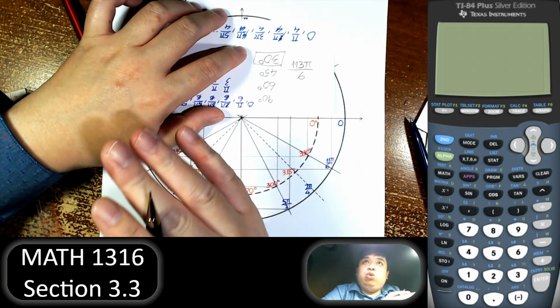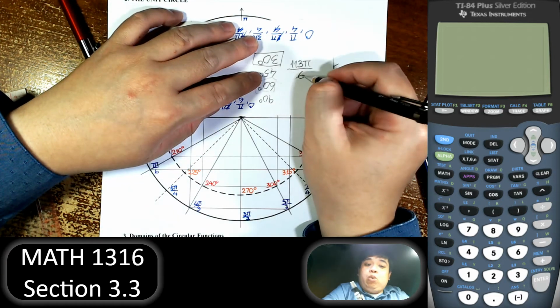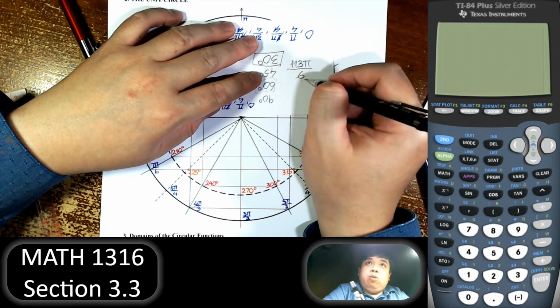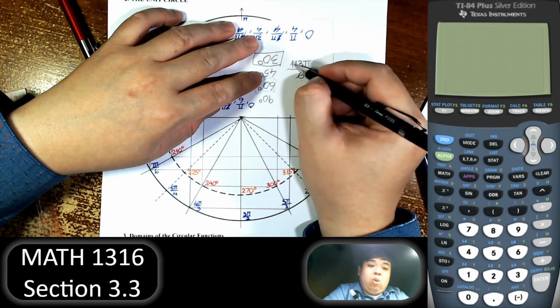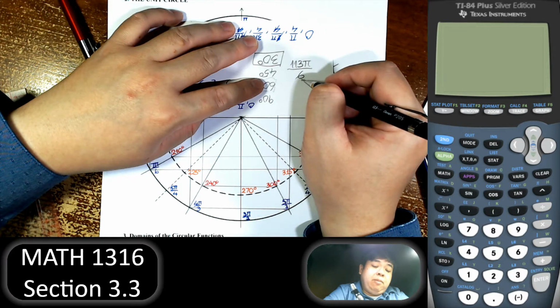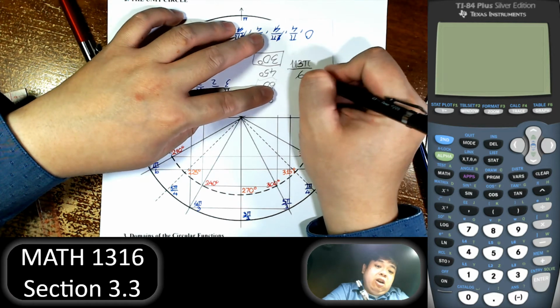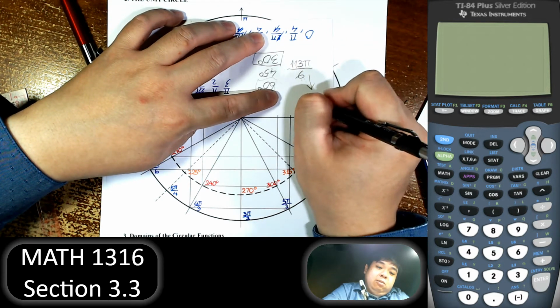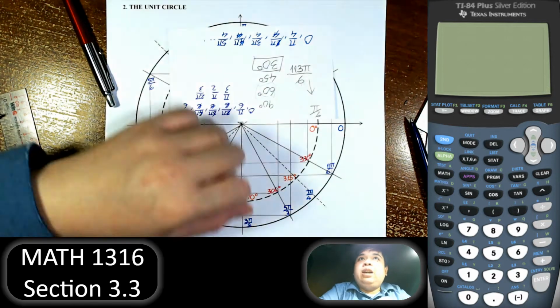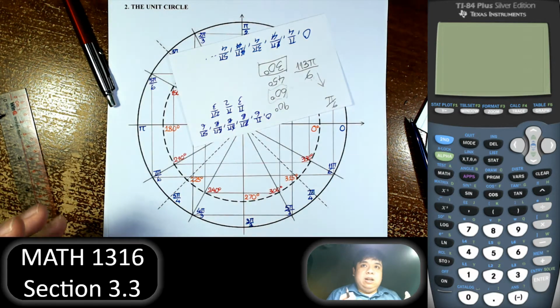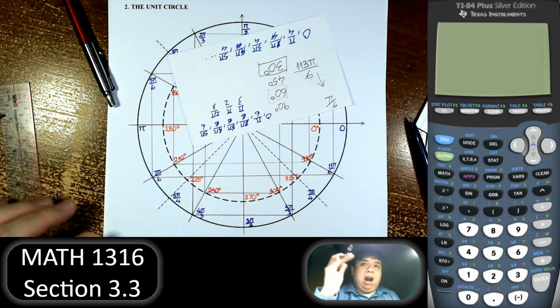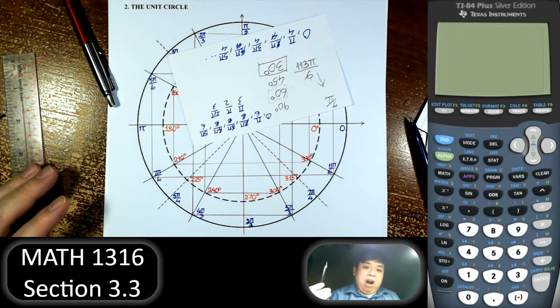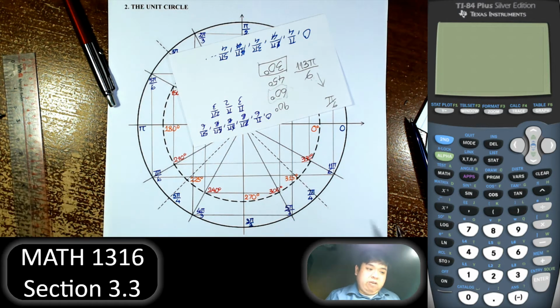You don't even need to know where it is. It is irreducible, it cannot reduce any further. 113 is not divisible by 6. In that case, the reference angle is pi over 6. If it is the reduced number divided by 6, then it is a multiple of pi over 6, so pi over 6 is the reference angle.